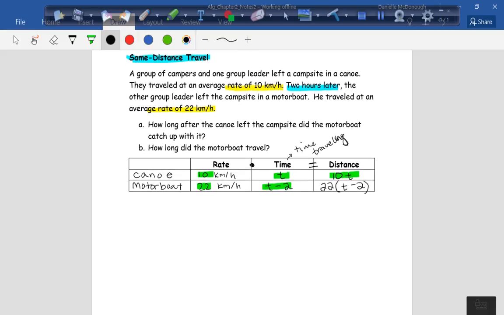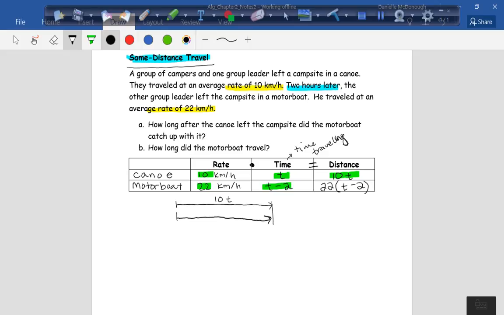Okay? So as we mentioned before, this is a same distance traveled problem because basically if you were to picture this, here's my canoe and my canoe took off. Okay, and the distance for the canoe is 10t. Now we have the motorboat. Well, the motorboat left 2 hours after, but it's asking how long before the motorboat caught up.